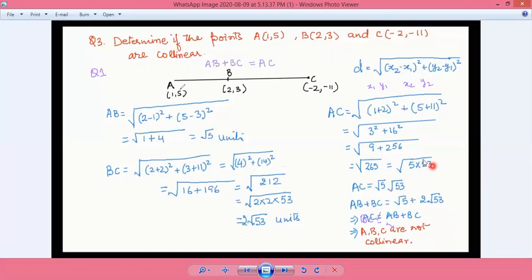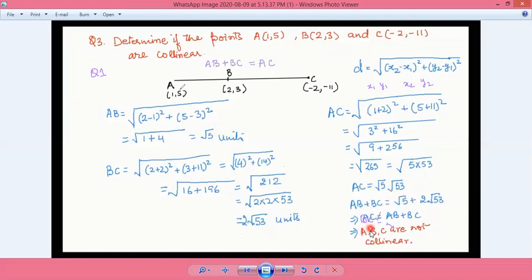You may keep it like this only, but just to make it clear that they are not moving out of the square root. So now AB plus BC, add these two distances that you have calculated. They also cannot be added further, cannot be simplified further. You learned it in class 9, children. So this will remain as it is, square root 5 plus 2 times square root 53.